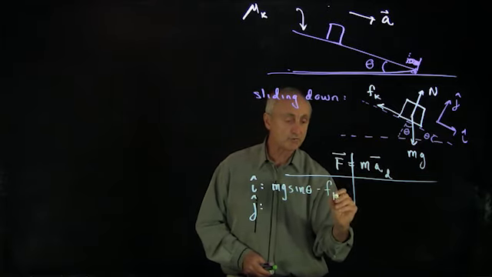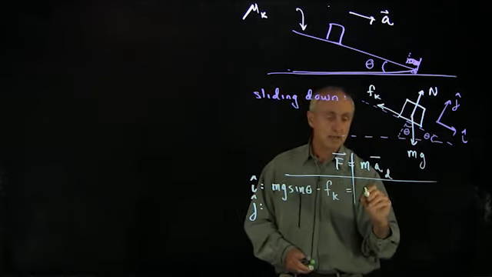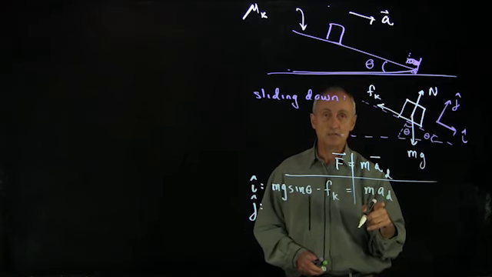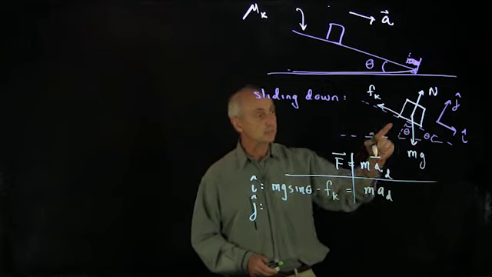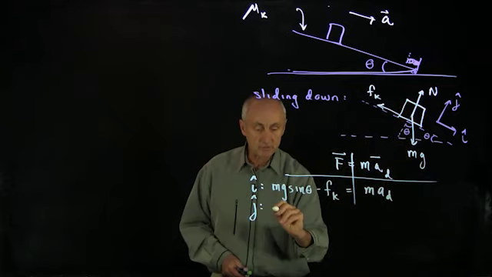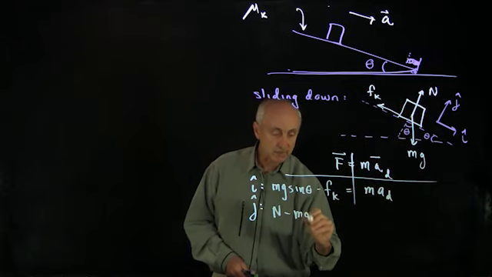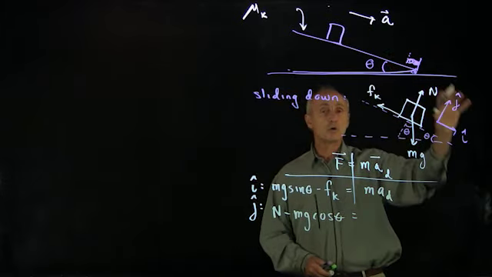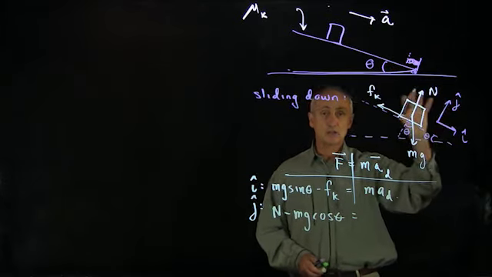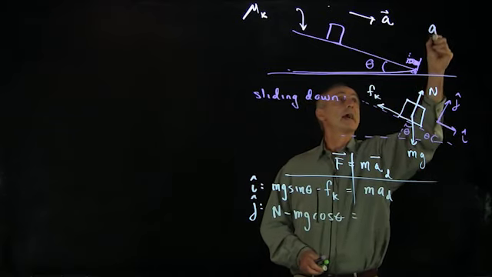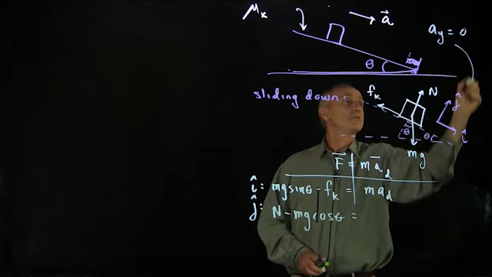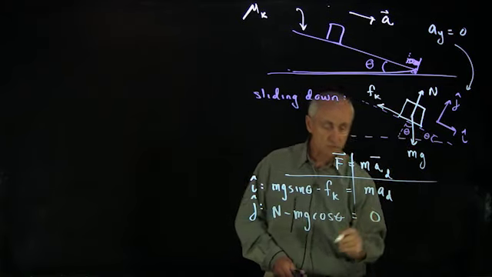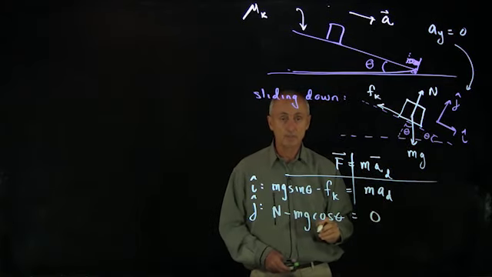We have the kinetic friction force opposing that motion, and that's equal to m a d, where a d is the x component of the acceleration. In the vertical direction, we have the normal force minus mg cosine theta. And here's where our choice of coordinate system helps us. The constraint to the system is that a y is 0 when we choose y to be the perpendicular direction. So this side is 0.